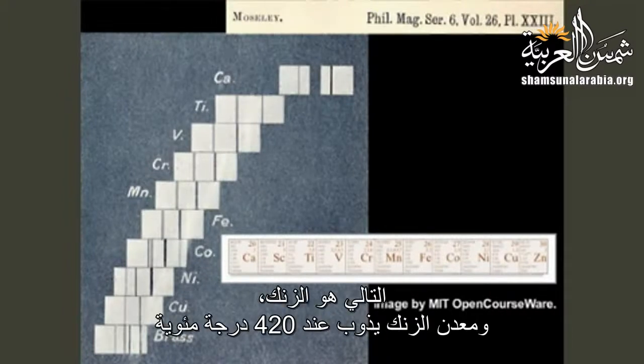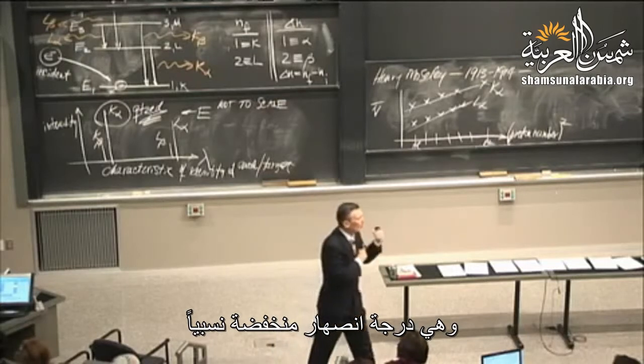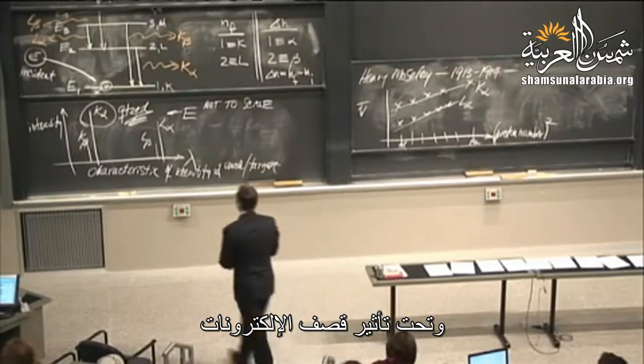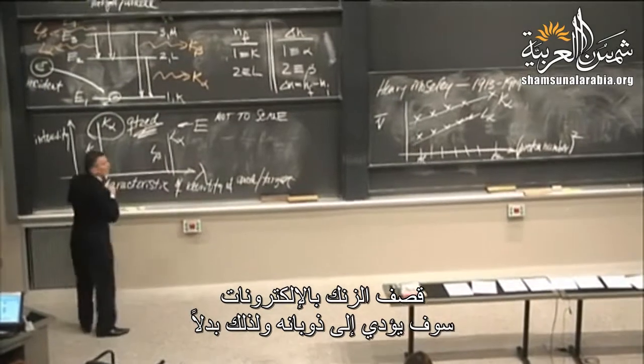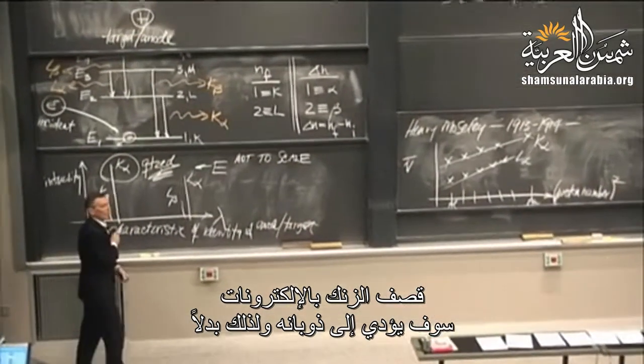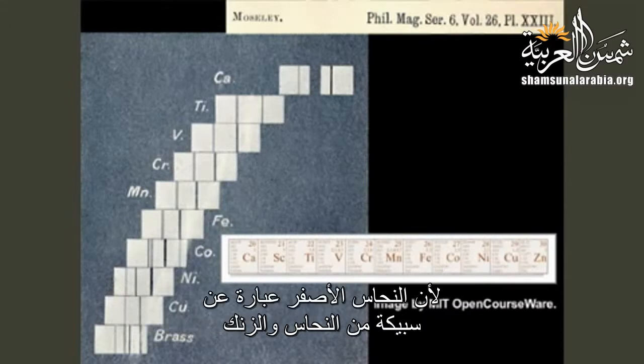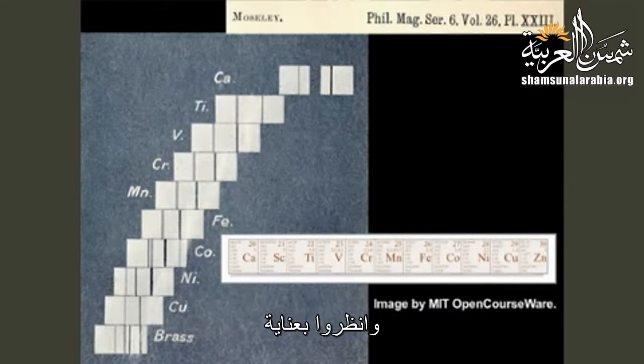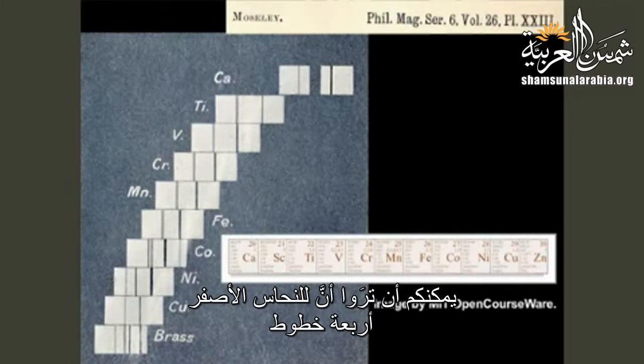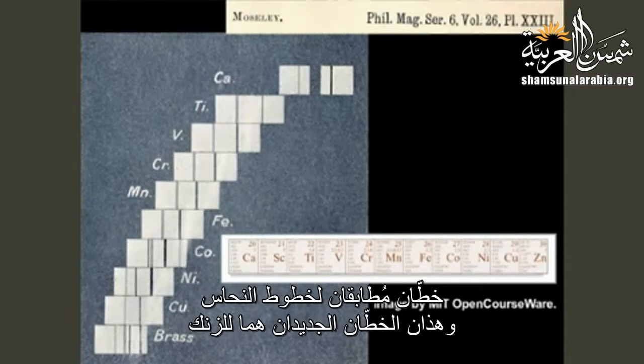Zinc melts at 420 degrees Celsius, which is relatively low melting. Under the bombardment of electrons, zinc would melt. So rather than work with zinc, he instead worked with brass, because brass is an alloy of copper and zinc. And look carefully. You can see that brass has 4 lines, 2 lines identical to the lines of copper, and these 2 new lines are the lines associated with zinc.